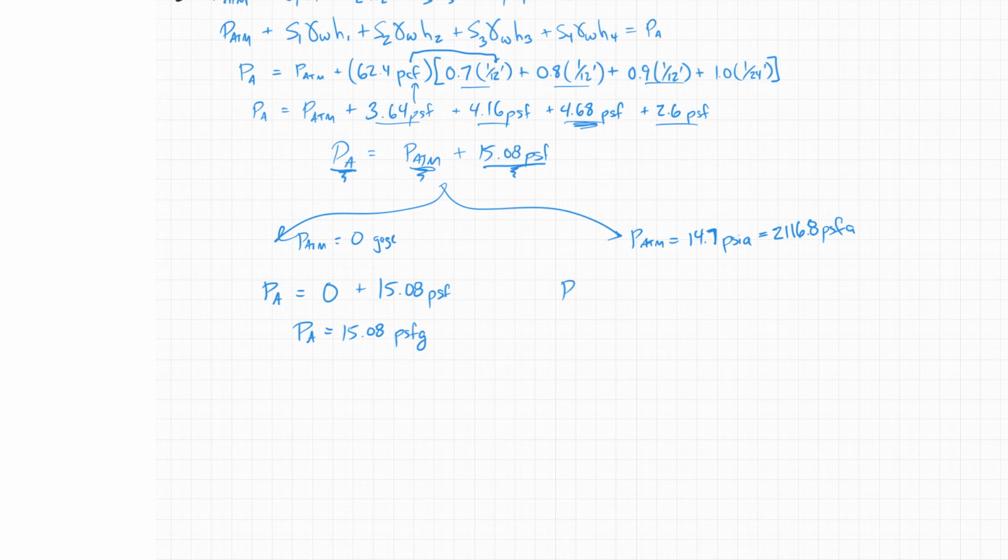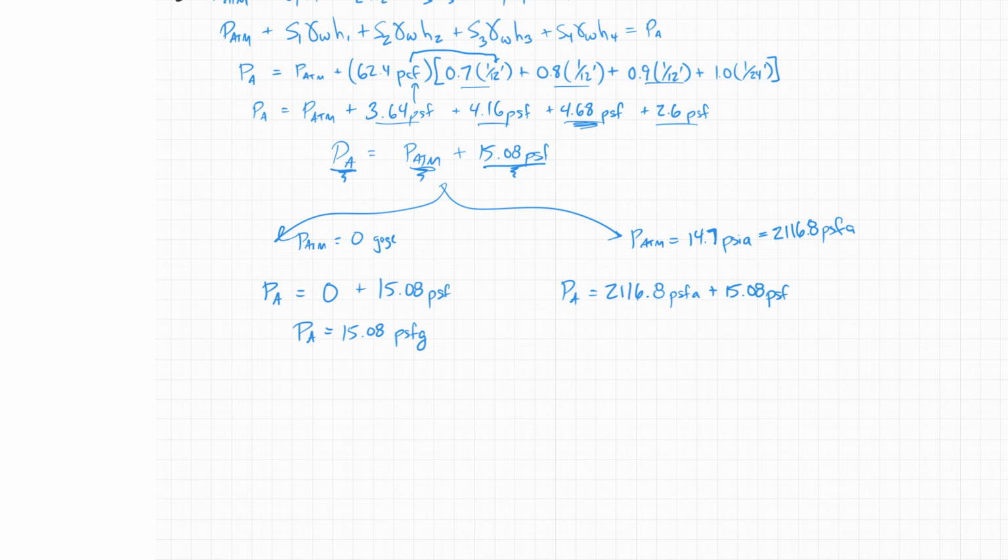We'll do the same thing over here. PA equals, but instead of plugging in 0, we're going to plug in 2116.8 PSF absolute, and then I'm going to add that 15.08 PSF.